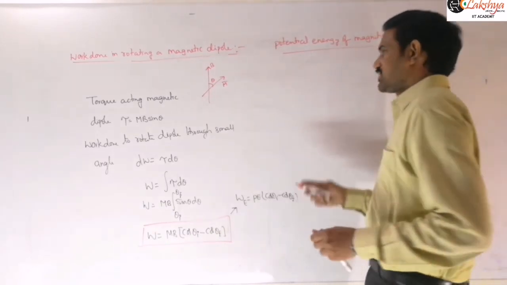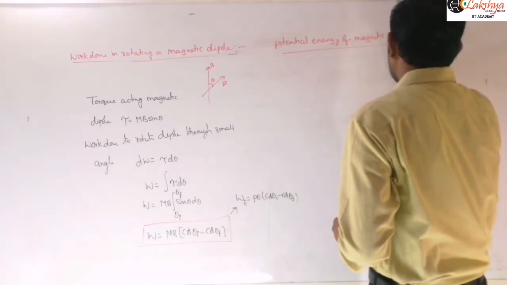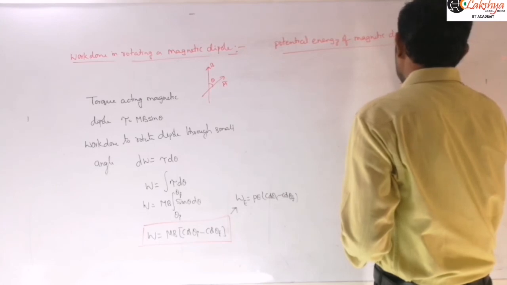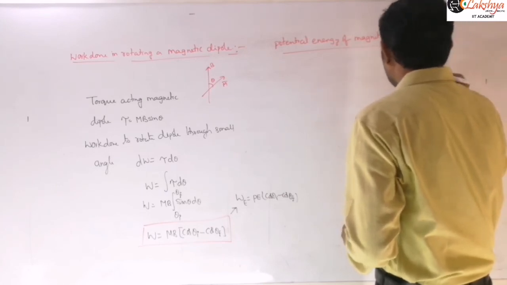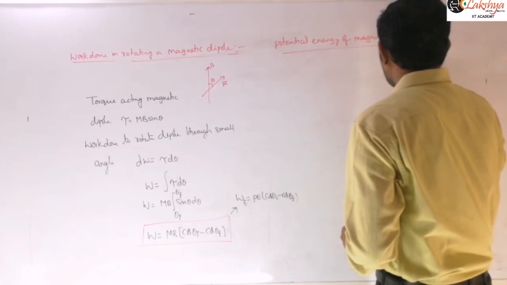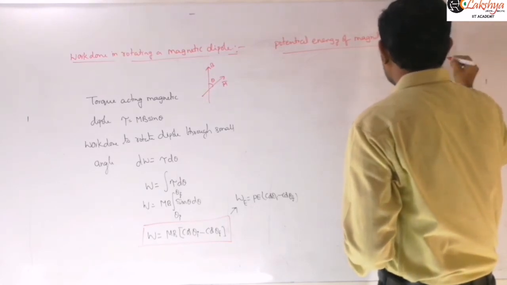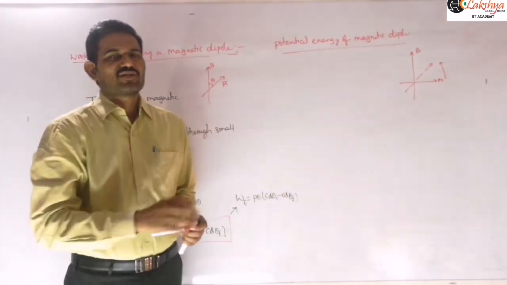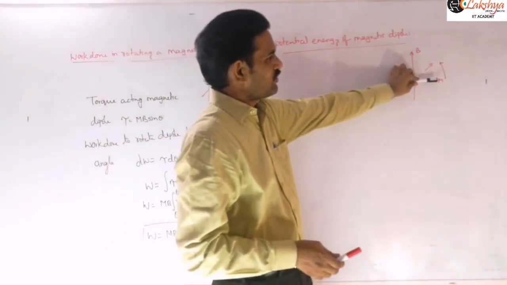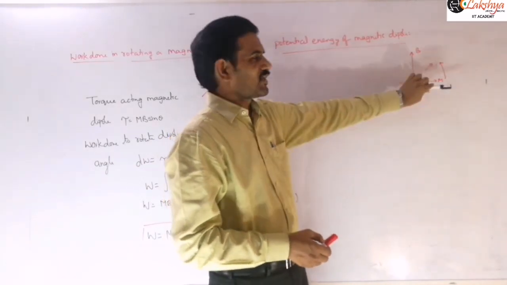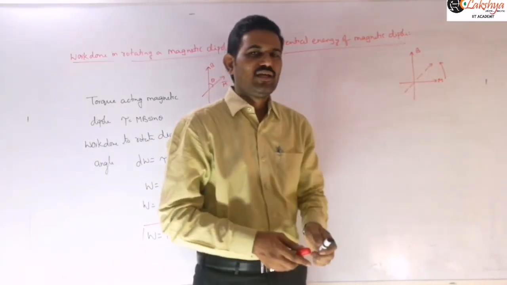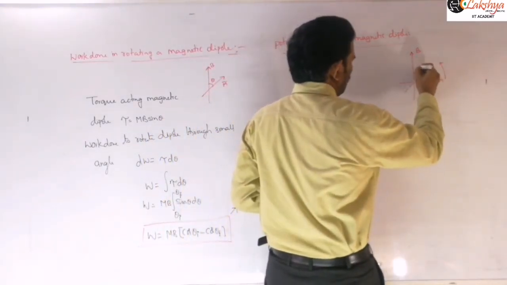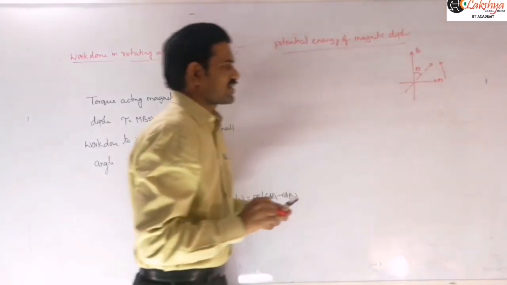That reference is again 90 degrees. If the magnetic field is in this direction, initially the magnetic moment will be along this direction. Now from this position, the magnetic moment is turned through an angle theta, and the amount of work done will be stored as potential energy in the system.